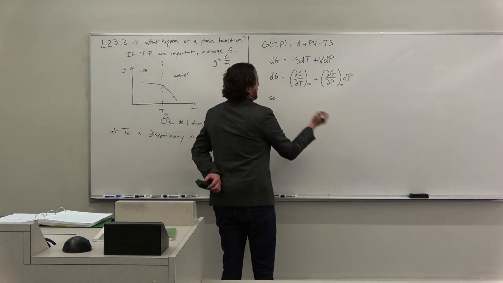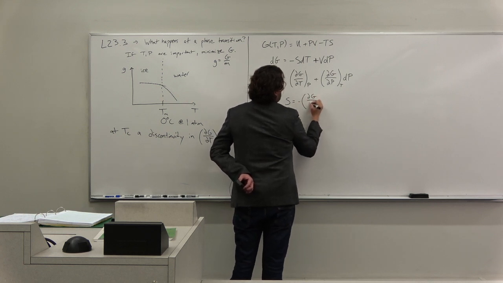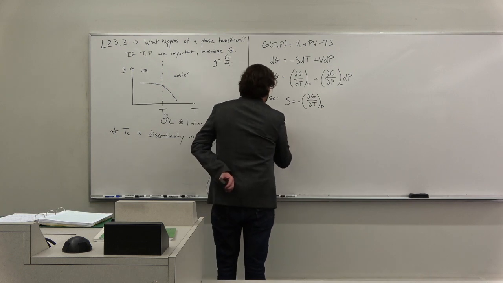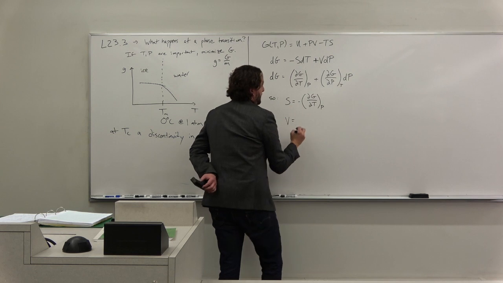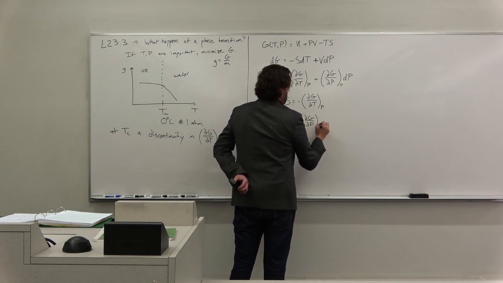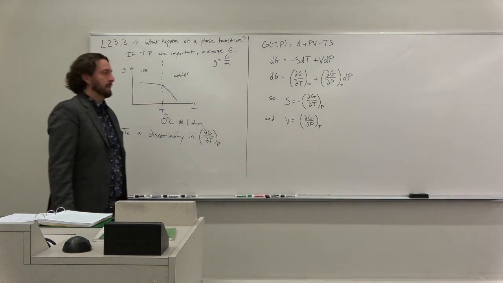So S is minus partial G, partial T at constant P, and V is partial G, partial P at constant T. Perfect.